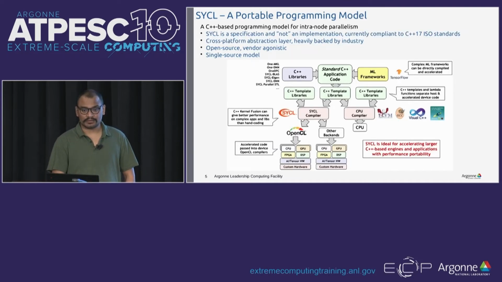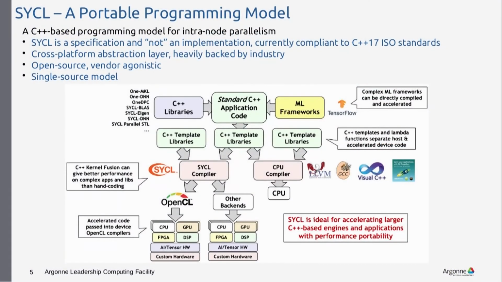So this is the general chart of the portable programming model for SYCL. It's basically C++ based intranode parallelism, same as CUDA. It's a specification, as I said several times, and it has to be compliant with the C++17 standard, sorry. So it has a cross-platform abstraction layer and is heavily backed by industry and all that goodies.